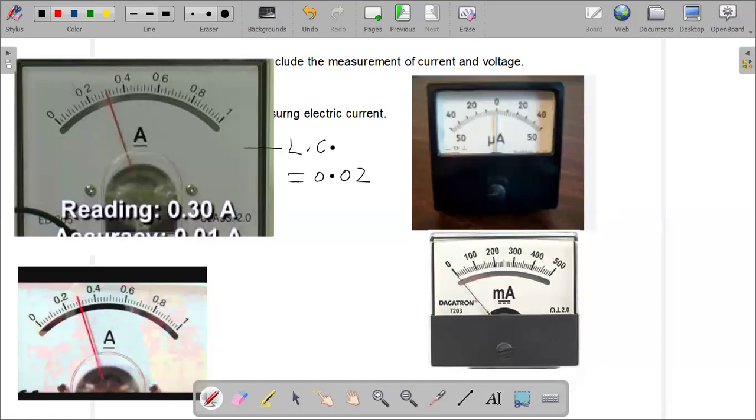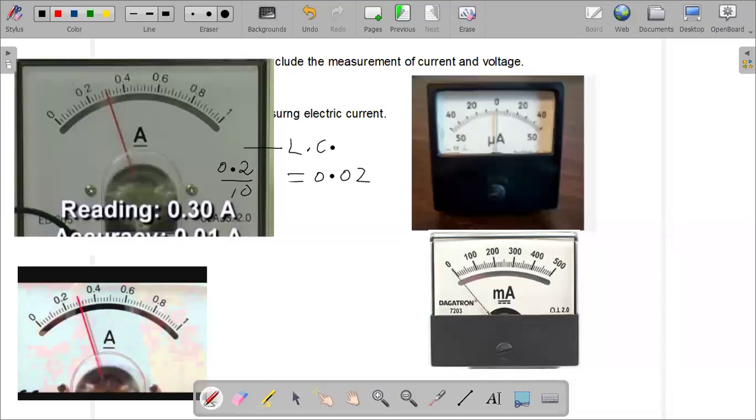So least count, see, there are 10 divisions between 0 and 0.2. So its least count will be 0.02, which is obtained by dividing this 0.2 by 10. That means between 0 and 0.2, there are 10 divisions. Got it? Now we'll see what each division measures.